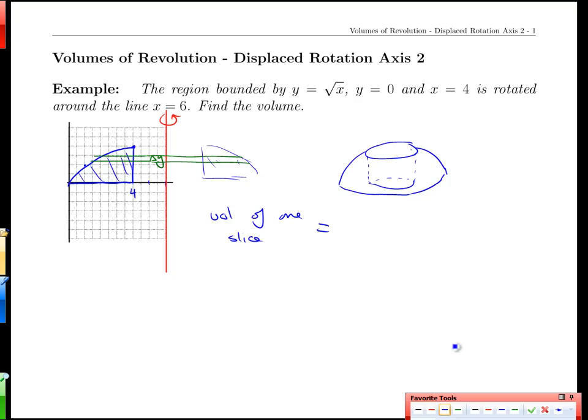And what does the slice look like? The slice is going to have an outer radius and an inner radius. There's a hole in the middle. And so we're going to have the volume being broken down into the area of a ring times the thickness. Let's add the thickness on here.